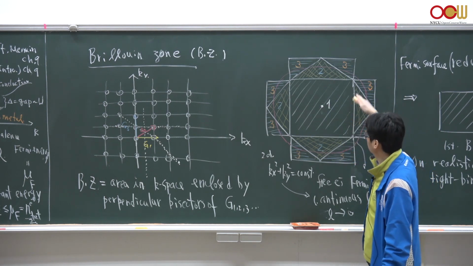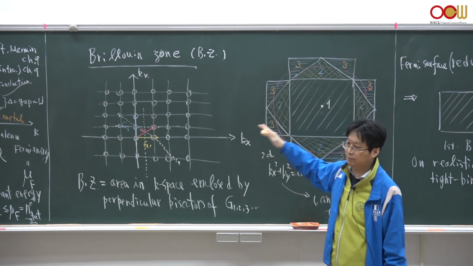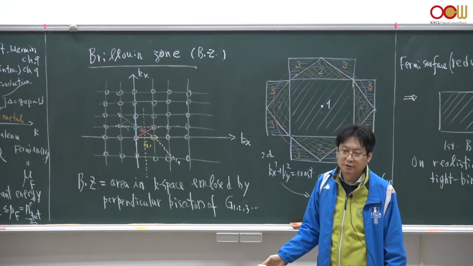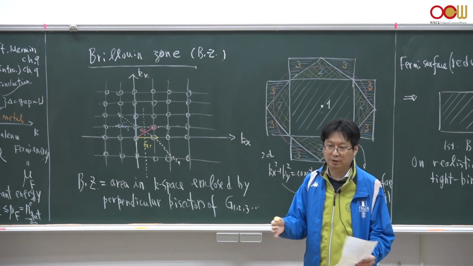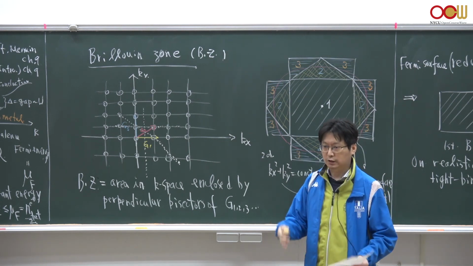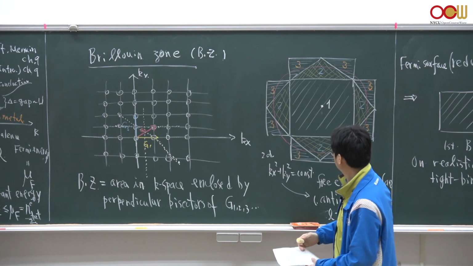Okay, indicated here. This is just a simple square lattice, but you can imagine that the Bloch zone could have a more complicated geometry in different lattice structures.